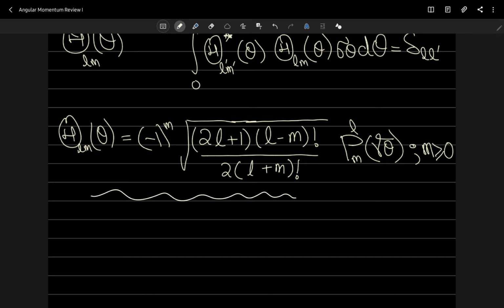So this is the expression that you have for this function theta Lm.